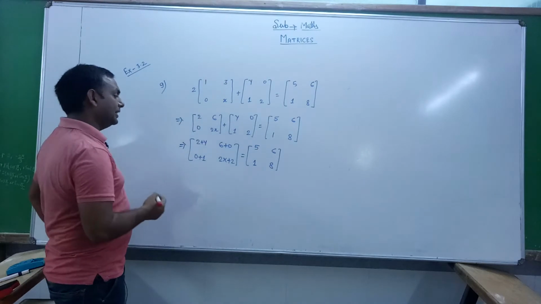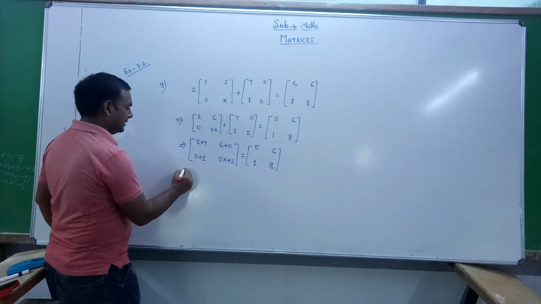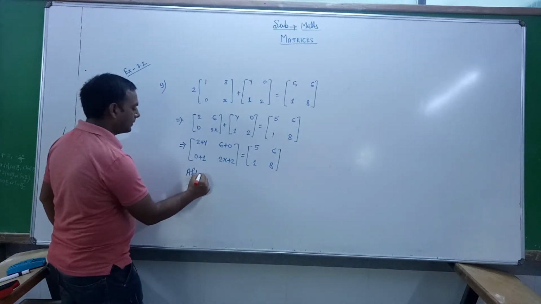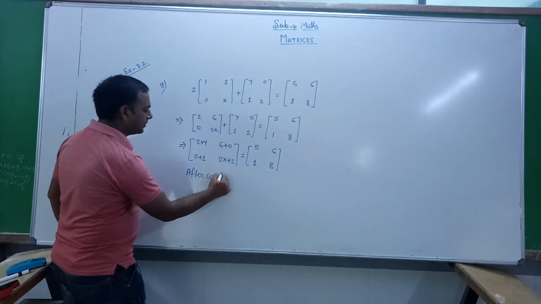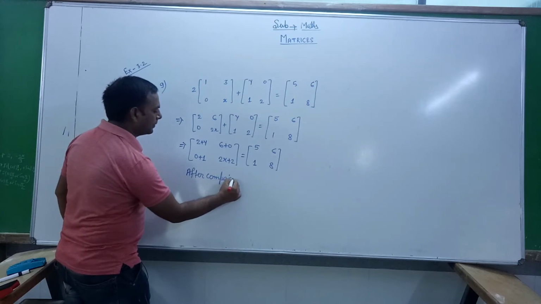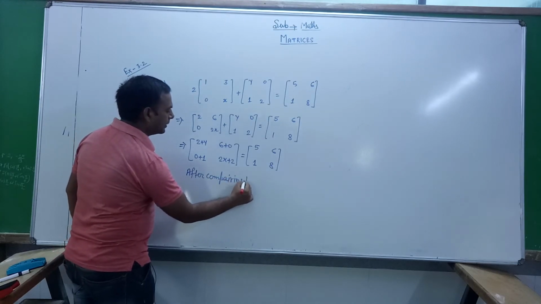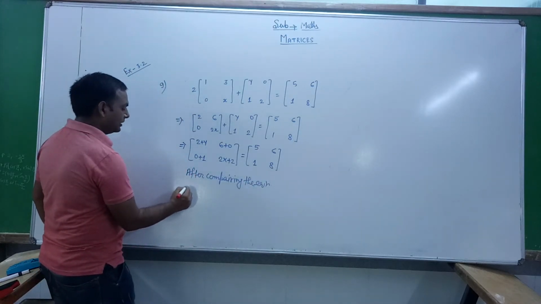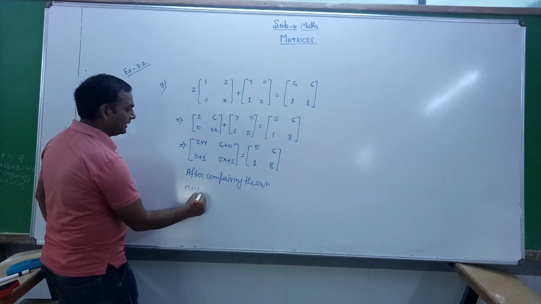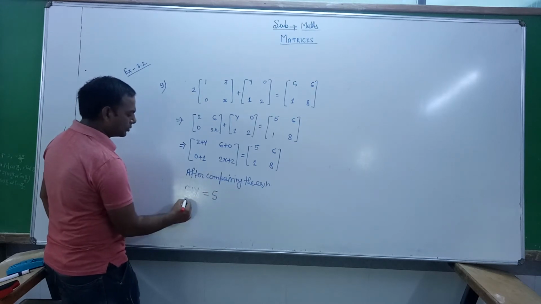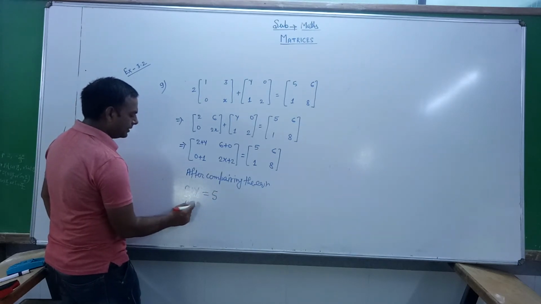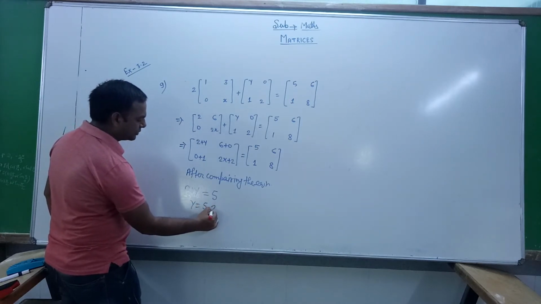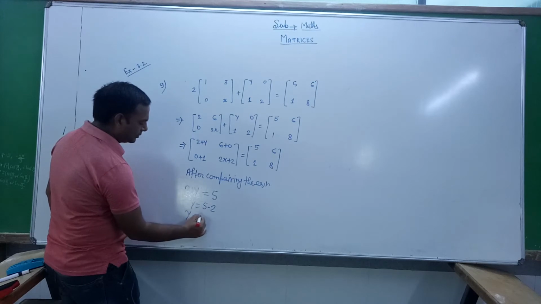Right? After that you compare the matrices. Then 2 plus y is equal to 5, so y is equal to 5 minus 2, that is y is equal to 3.